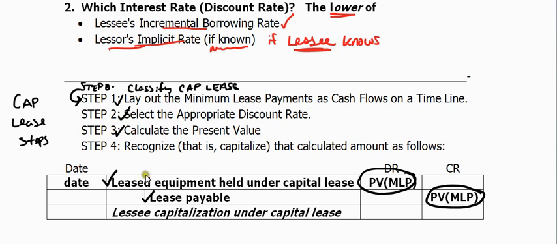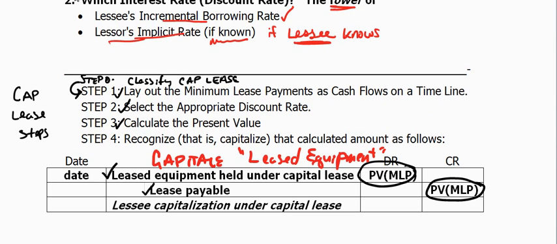We are capitalizing leased equipment. If you had purchased it, that's also a capitalization. Those are capital assets, long-term assets.